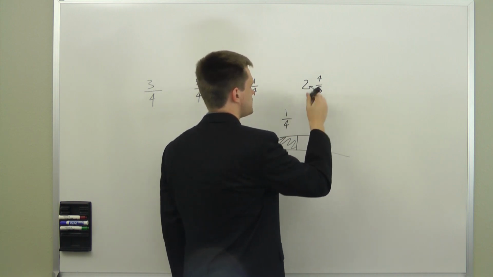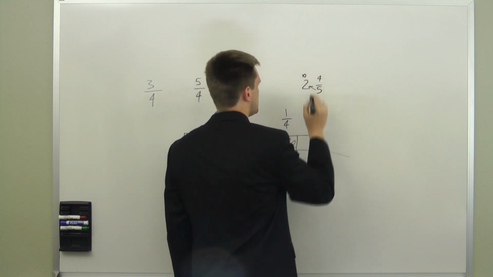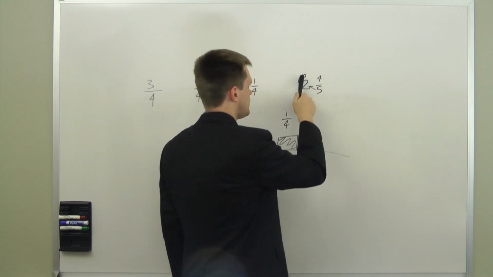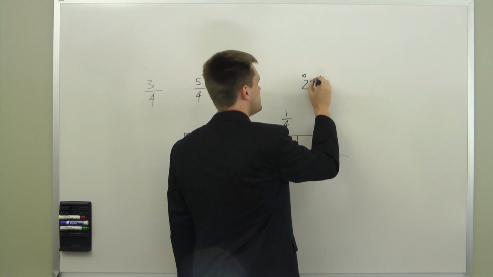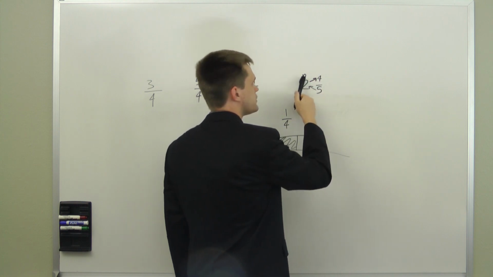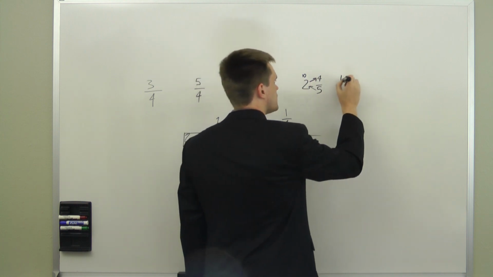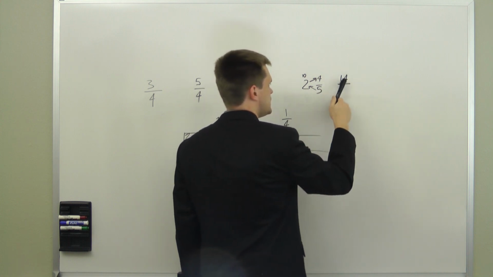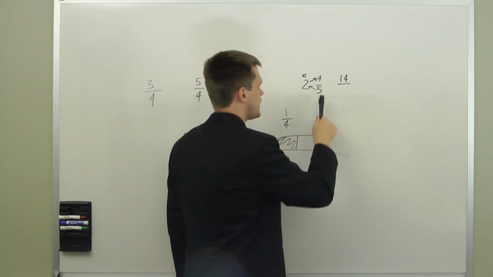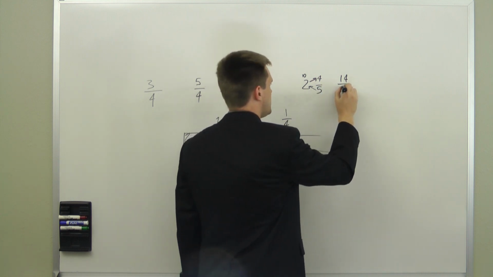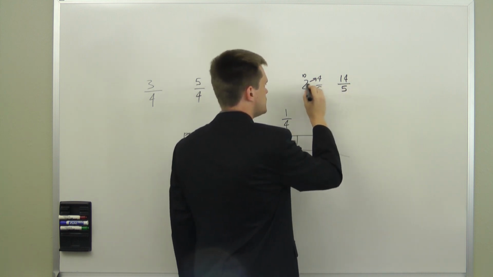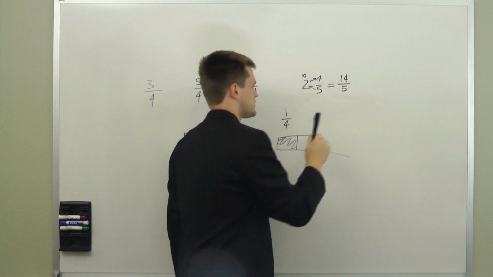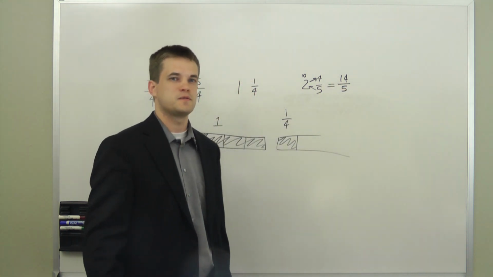So we have 5 times 2, which is 10, and then we take that product and add to it the numerator. So 10 plus 4 is 14. Then we write 14 as our new numerator, and we keep 5 as the denominator. And so 2 and 4/5 is the same as 14/5.